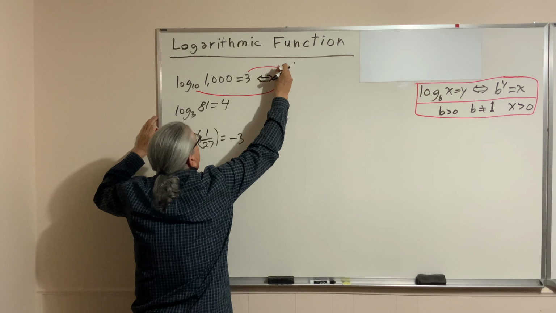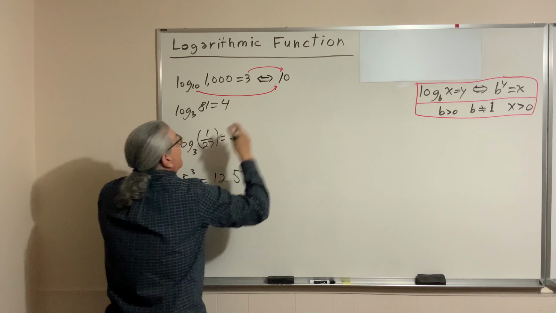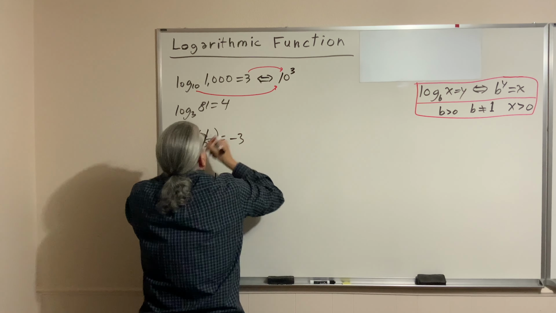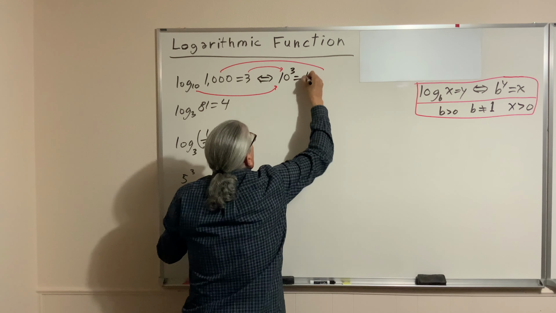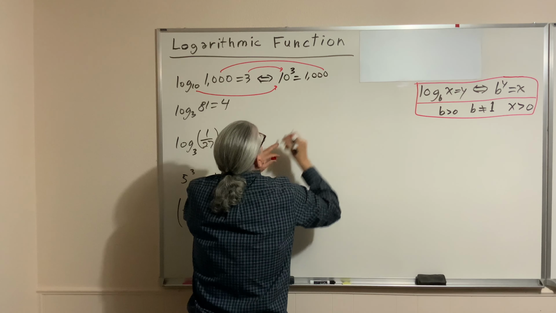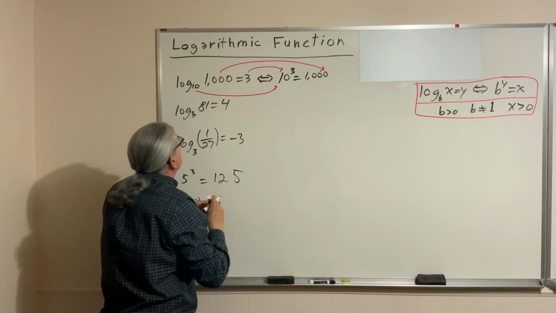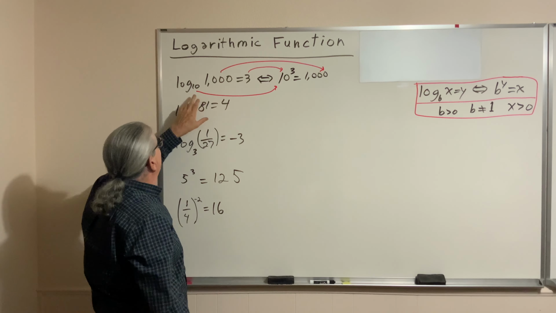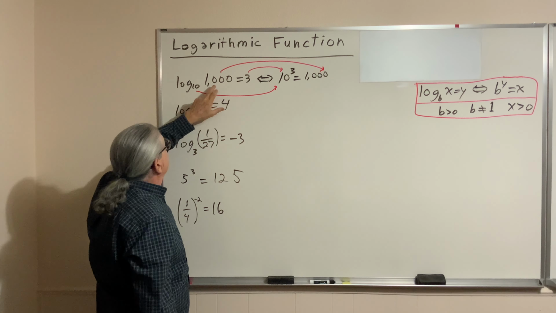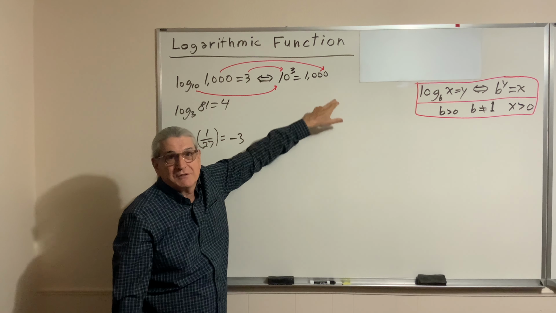This is the exponent. And it equals the argument. So that's the way you always want to write it. That's the base, that's the exponent. The argument is kind of left over. It goes in the place that's left over.